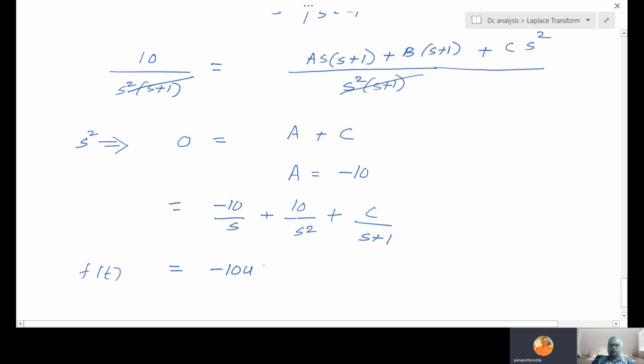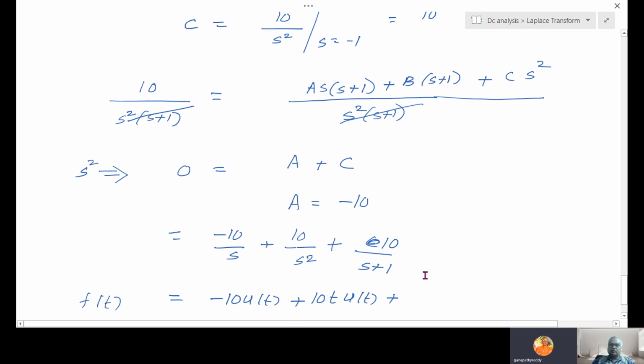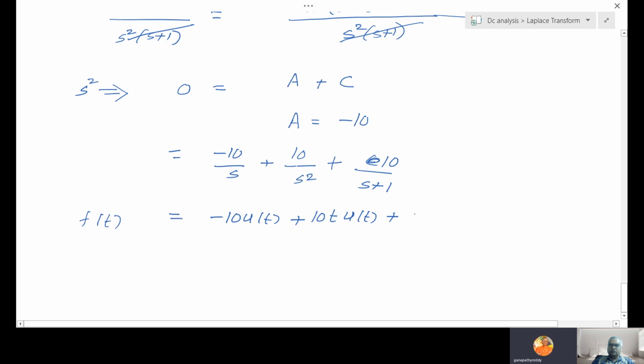Minus 10 u of t plus 10t u of t. Here c value is 10. So 10 e power minus t u of t.